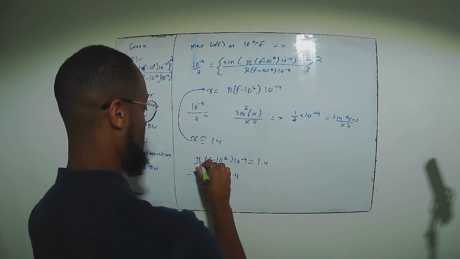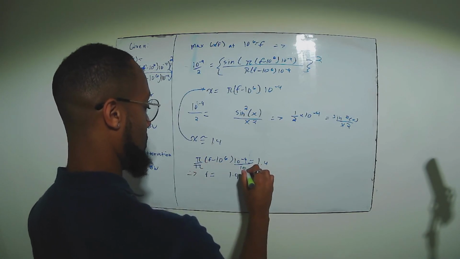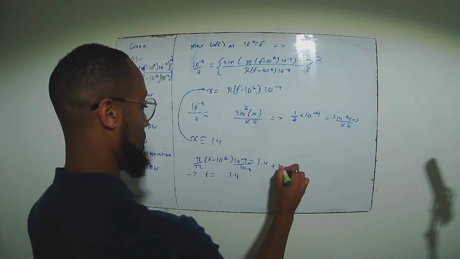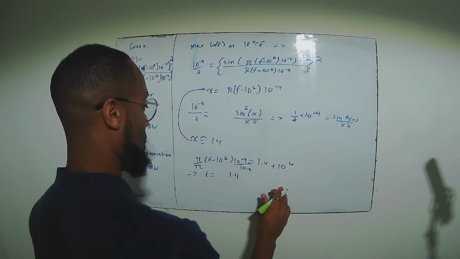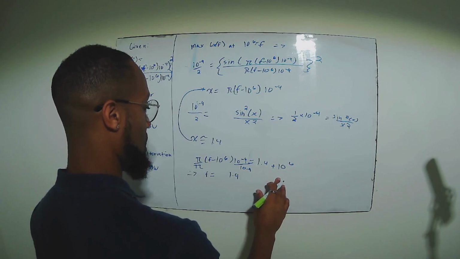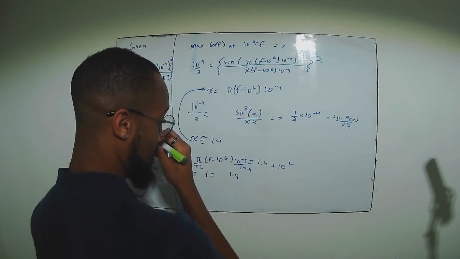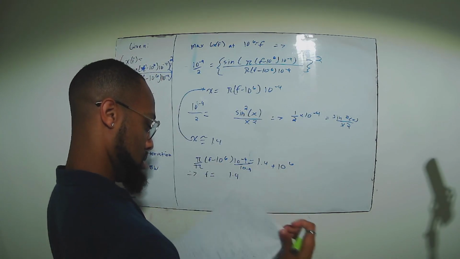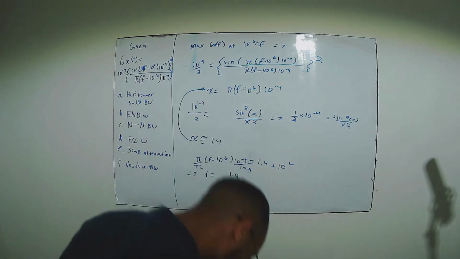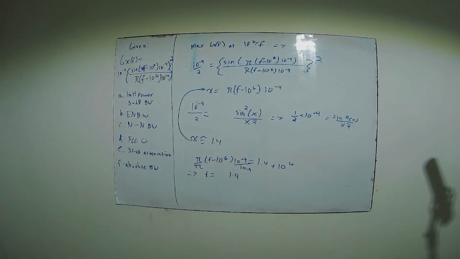So then what you end up with is f is equal to 1.4, I'm going to divide by pi times 10 to the minus 4, and then I'm going to add 10 to the 6 here, but it's not going to make that much of a difference. Oh shoot! Hold on, wait a minute. Let's see here. Is that 10 to the 6? Yeah, it's 10 to the 6.